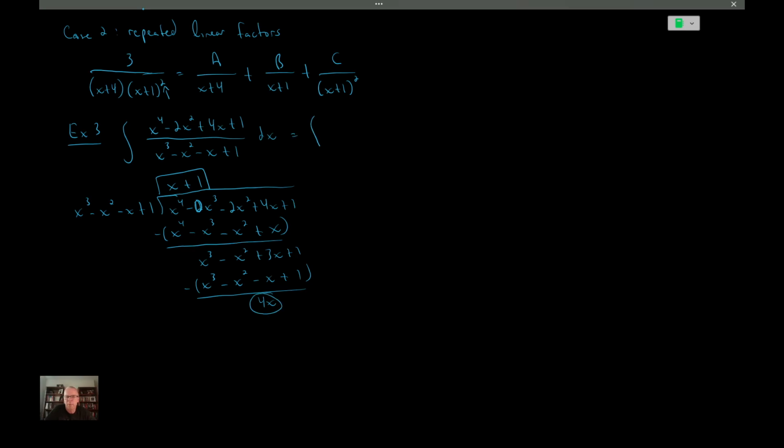All right, so now this becomes x plus 1 plus 4x over the original denominator, x cubed minus x squared minus x plus 1. Okay, so now step 2 is we need to factor the denominator.